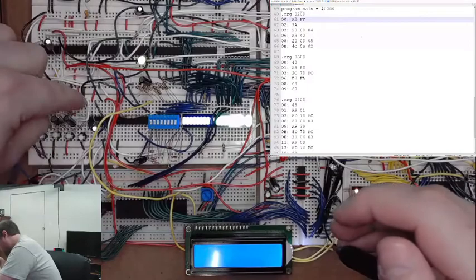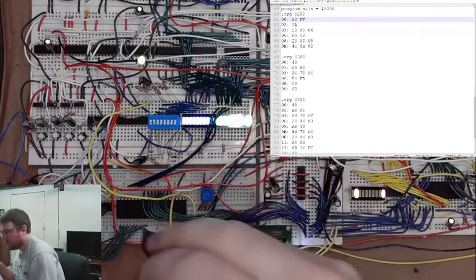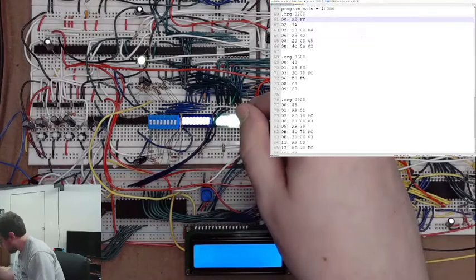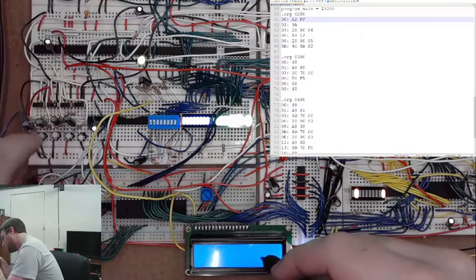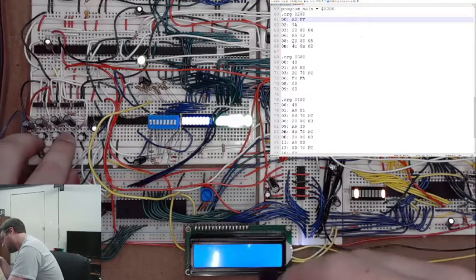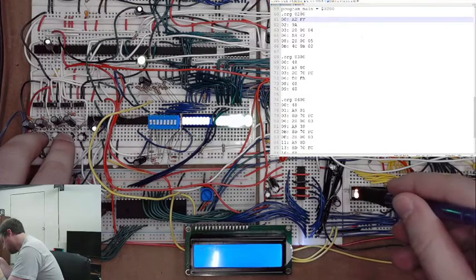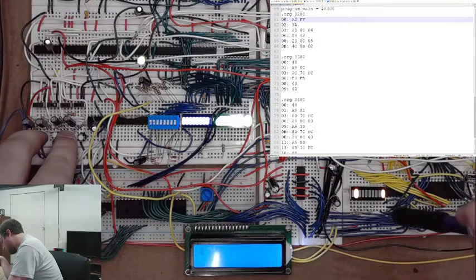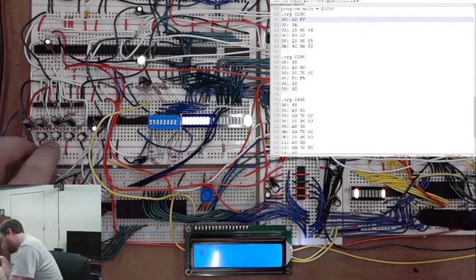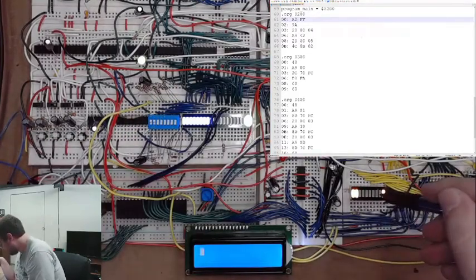Rewrite this. Redo this. Rewrite. Enable that. Okay. That did nothing, and it should have done nothing. Now it did something.